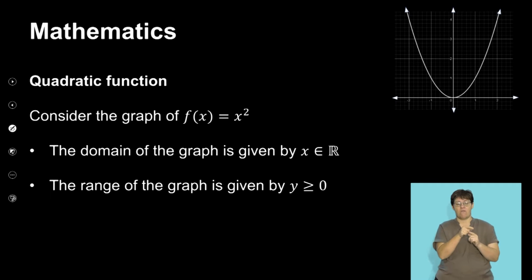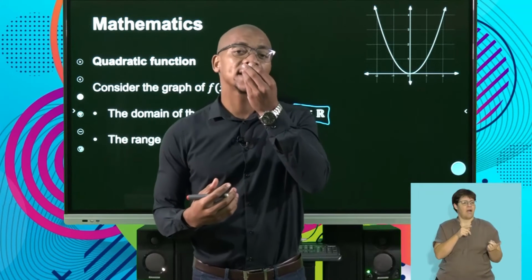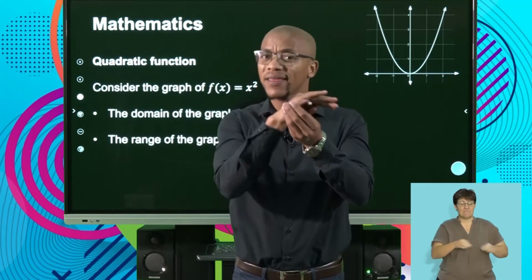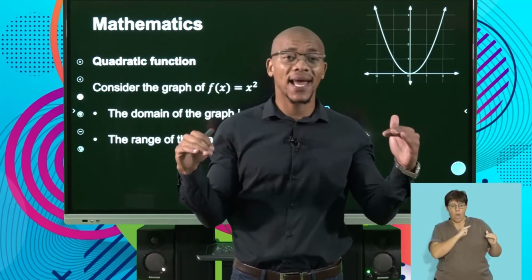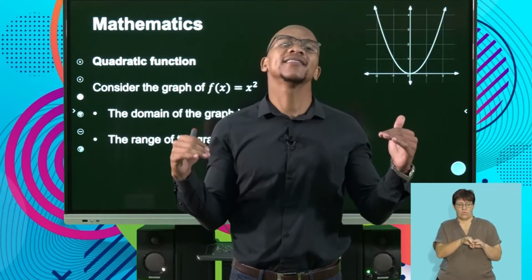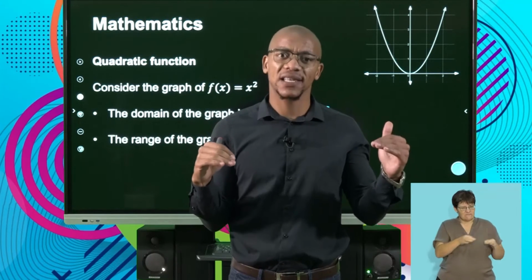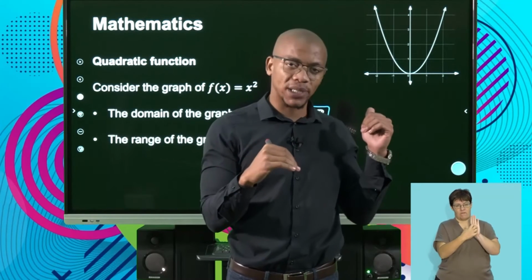Now, the domain of the graph is normally given by x is an element of real numbers. Why I'm saying this is because the x squared makes it a point that all the x values on a number line, because they are real values, are all defined, they are all valid on this particular graph.